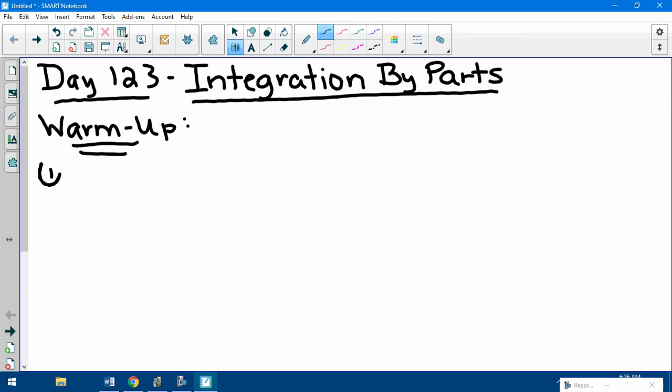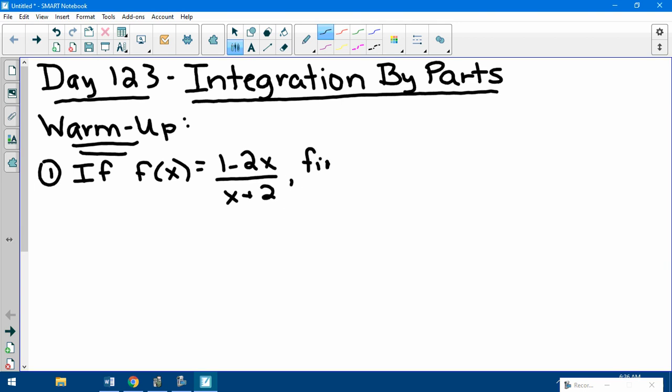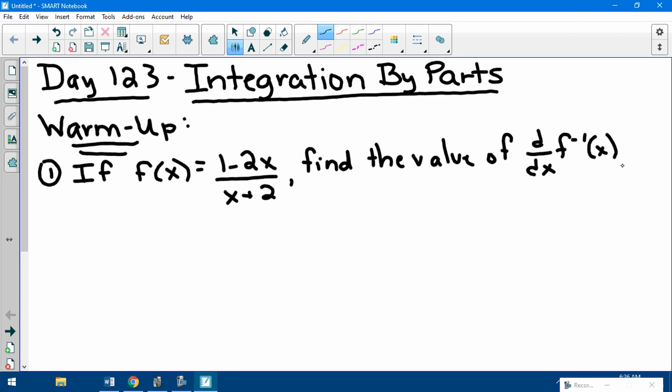Number one, if f of x equals (1 minus 2x) over (x plus 2), find the value of the derivative, so d over dx, of f inverse of x at x equals -3.